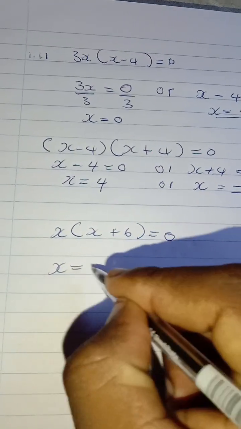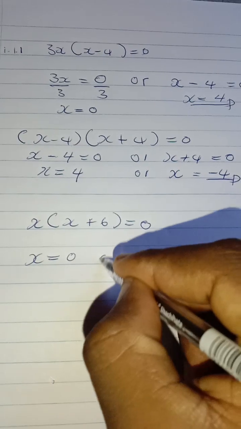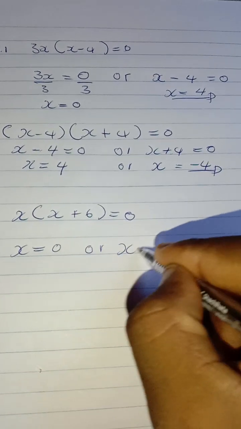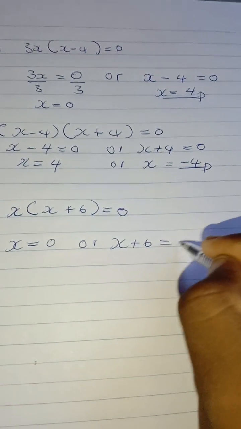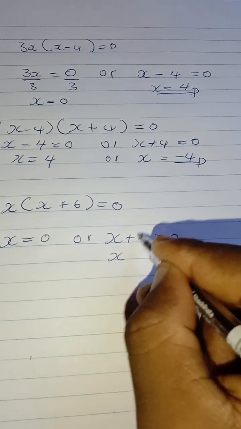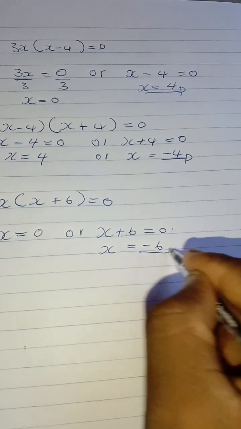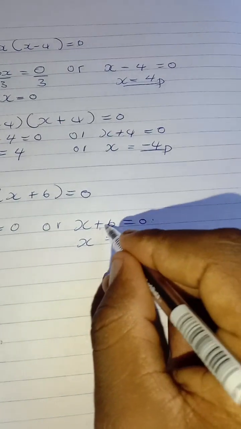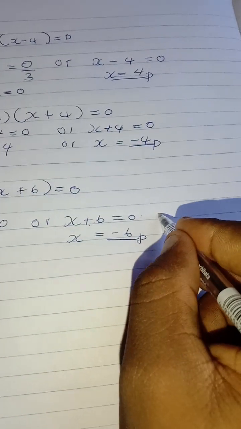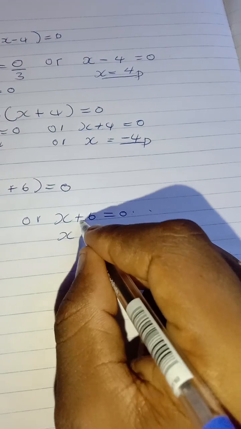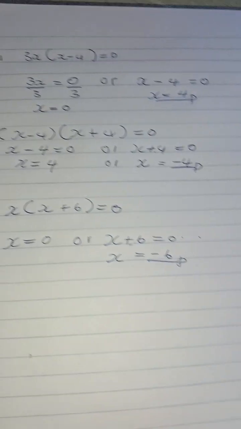You're gonna just say x is equal to 0, or x plus 6 is equal to 0, and then you transpose, so it's gonna be -6. When you transpose a positive number, it's gonna be negative, and when you transpose a negative number, it's gonna be positive.